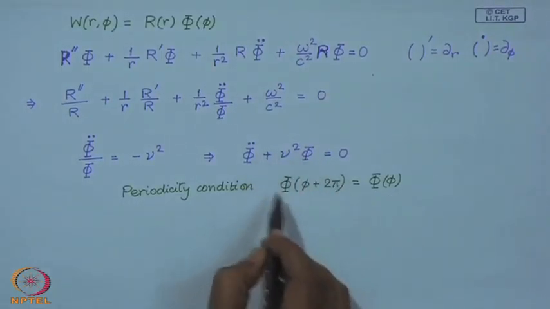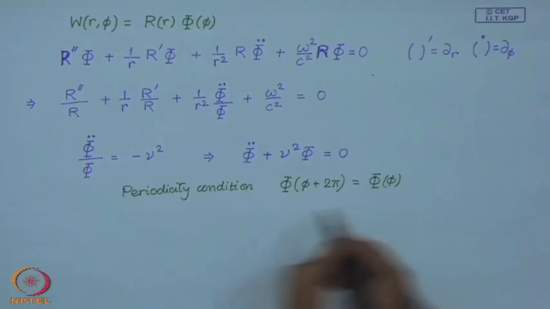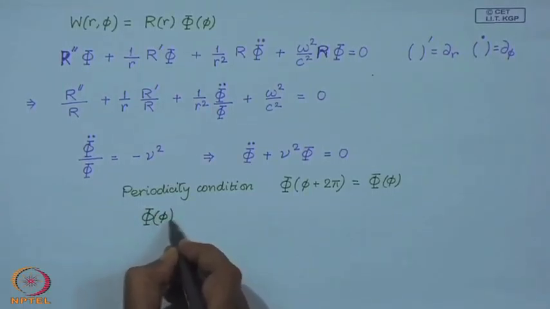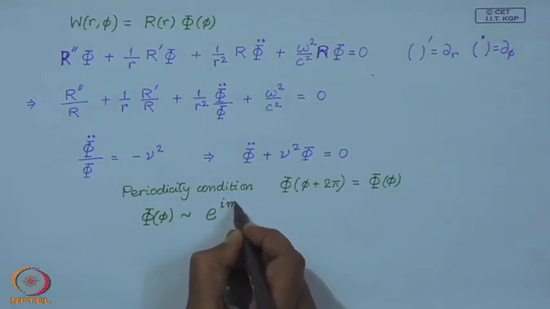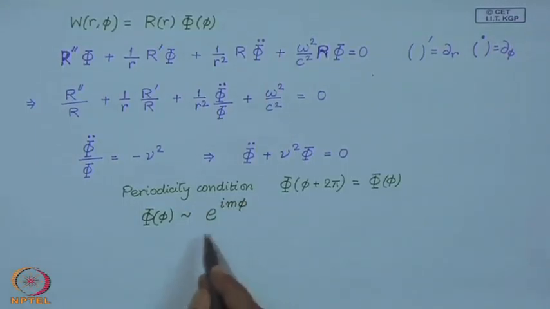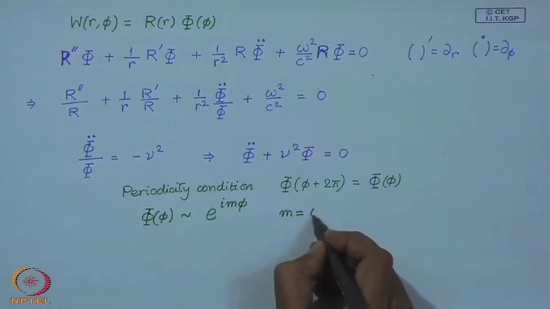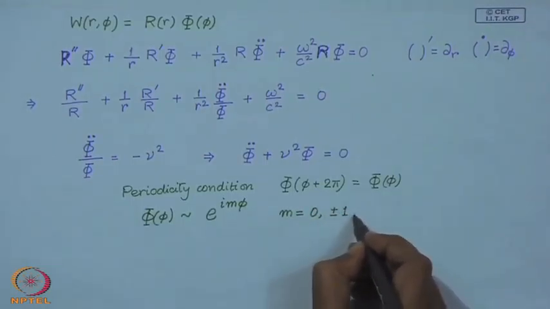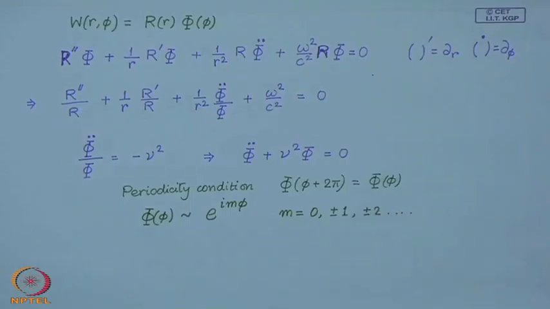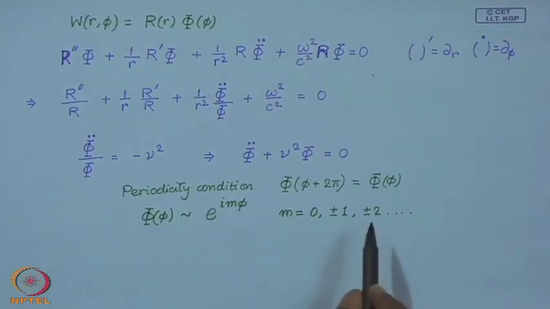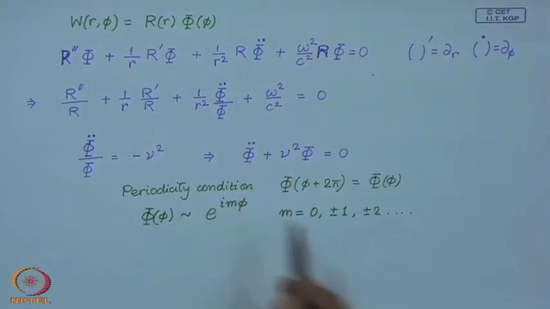That can be ensured when Phi is proportional to an exponential e to the i m phi, where m can be zero, plus or minus 1, plus or minus 2, etc. So, essentially we must have solutions in terms of cos m phi and sin m phi, which can be written in this complex form.